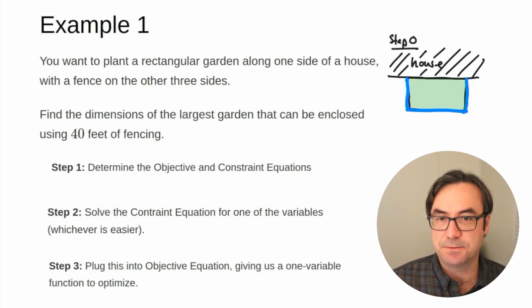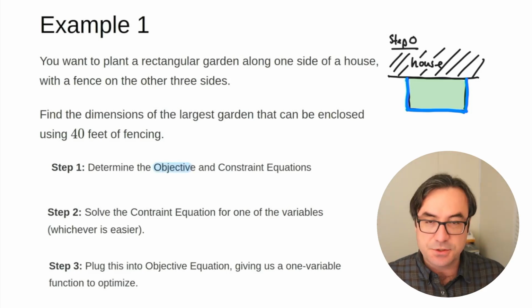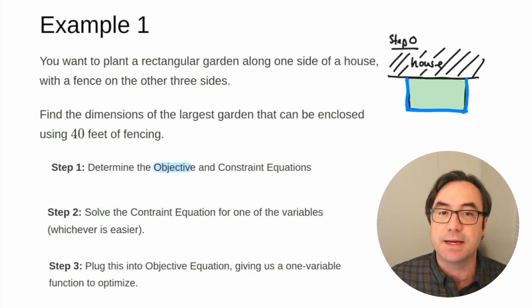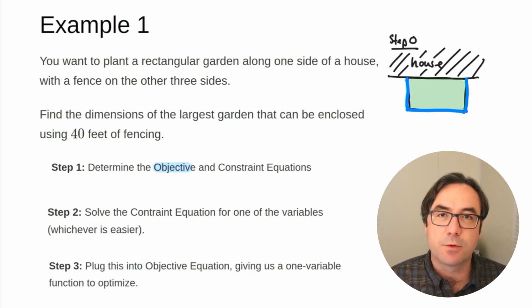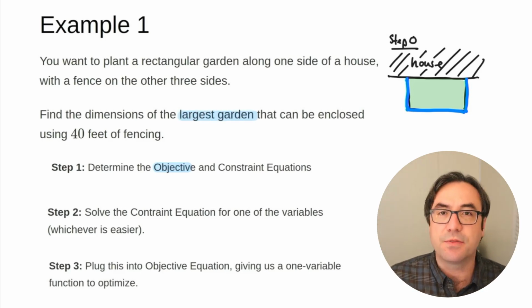All right. So we got our fence, we got our garden, and now we need to start figuring out the 2 equations. So again, we want to remember, what is the objective? So the objective equation is the thing that we want to maximize or minimize. So if we go through the wording of the problem, we're looking for words like maximum or minimum or smallest or largest. And in this case, we see that right here. We want the largest garden.